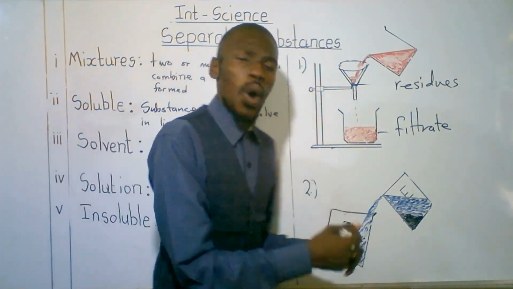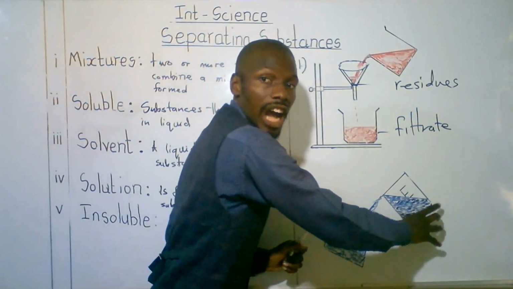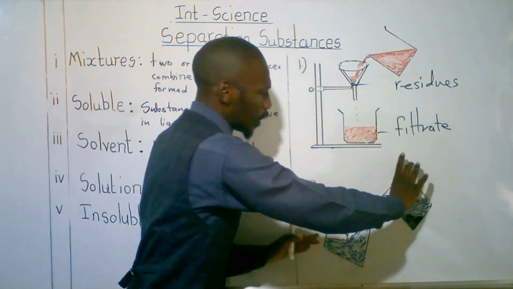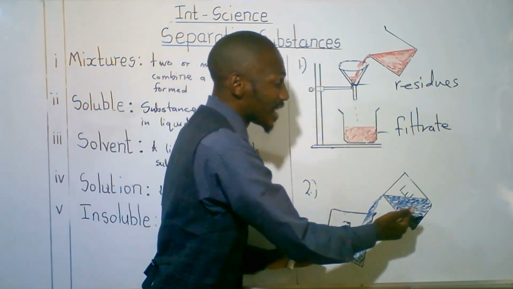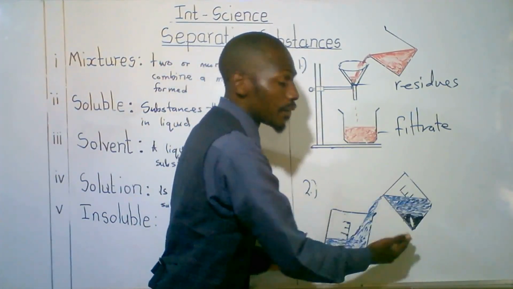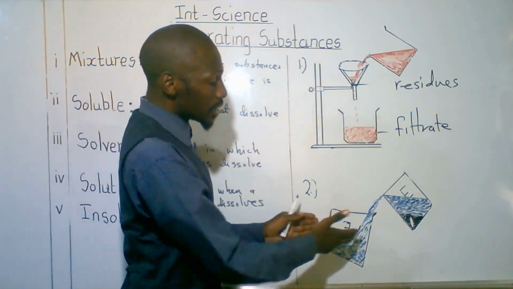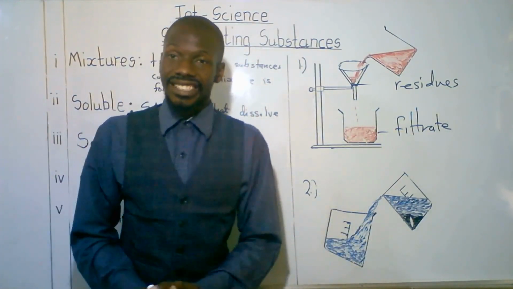Then slowly we pour the liquid that is on top, because we want to get rid of the solid particles that have settled at the bottom. This method is known as decanting.